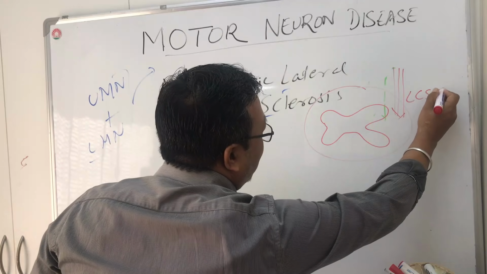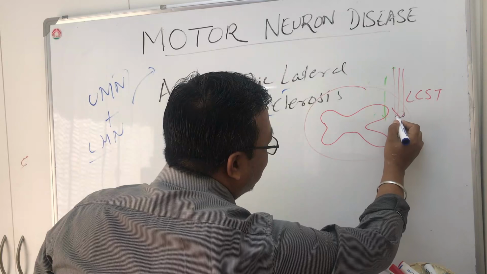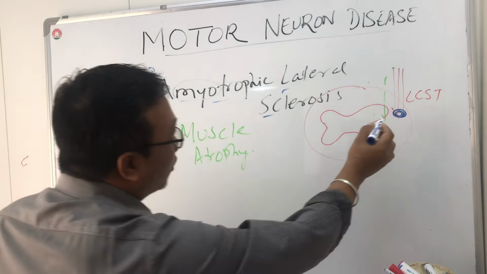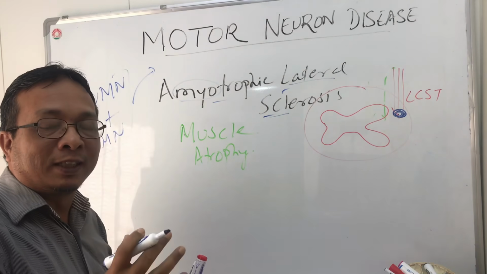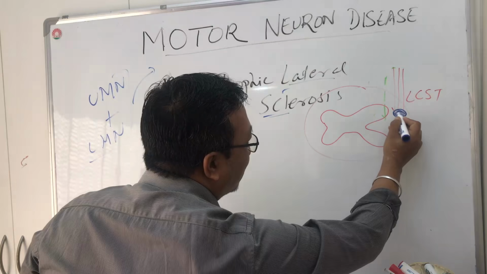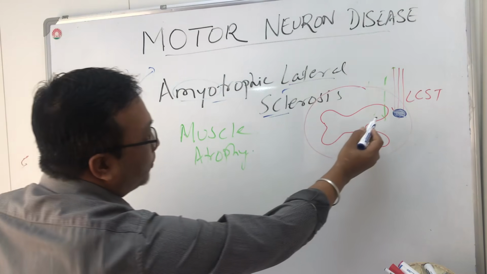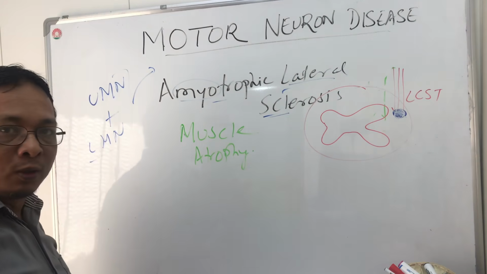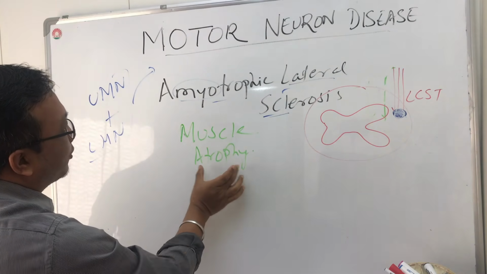So what happens here? We'll discuss the pathophysiology. In this column, there is lateral sclerosis. Sclerosis means thickened. When this part is thickened and not performing well, it affects the lateral part of the corticospinal tract and causes muscle atrophy.